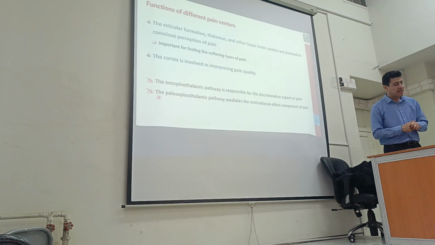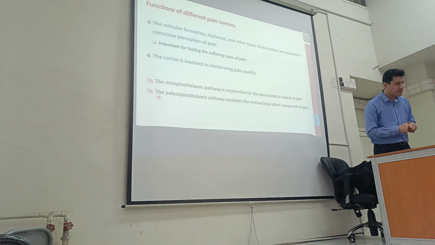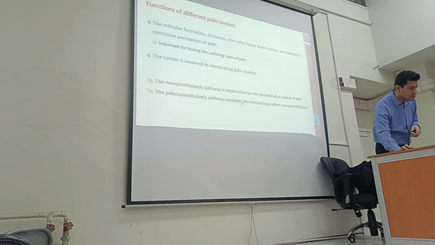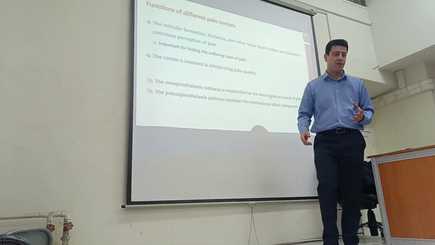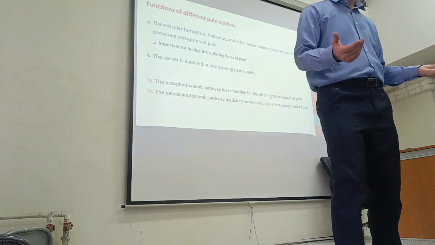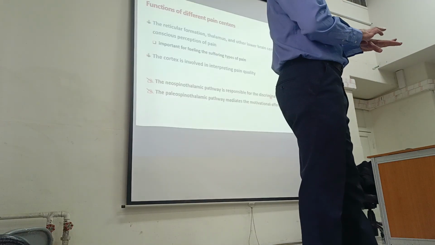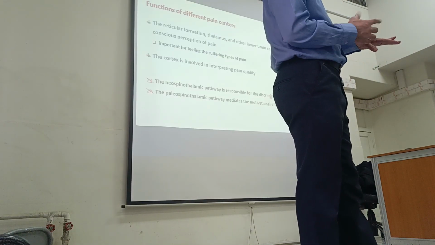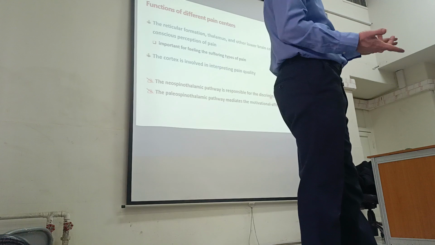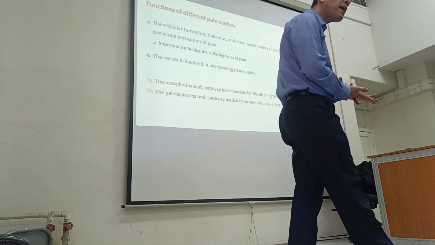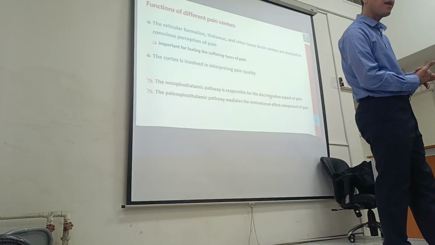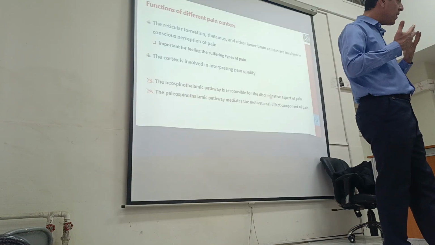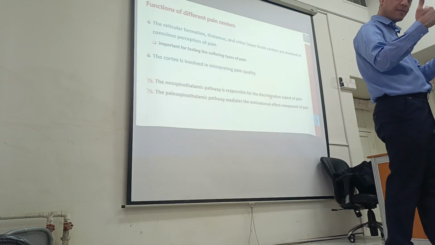So based on this, we can say that neospinothalamic pathway is responsible for discriminative aspect of the pain. So you have 2 aspects for pain. It's different from other sensations. If you have touch, we only feel touch. So it's a type of sensation. But when we have pain, it's different. We have both sensation of the pain and the feeling of the pain that we don't like it, right?